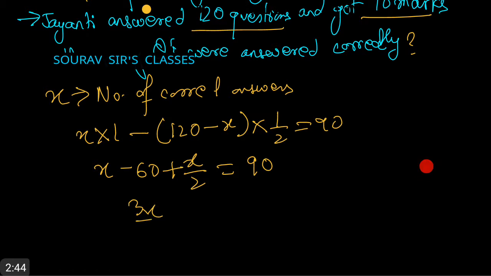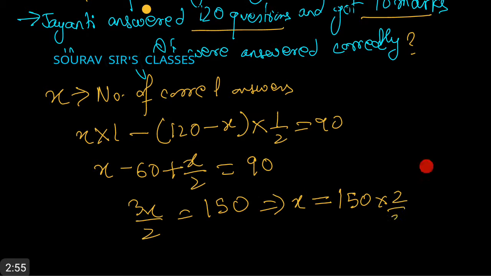Thus, 3x by 2 equals 150, or x equals 150 into 2 by 3, that is x equals 100. Thus Jayanti answered 100 correct questions.